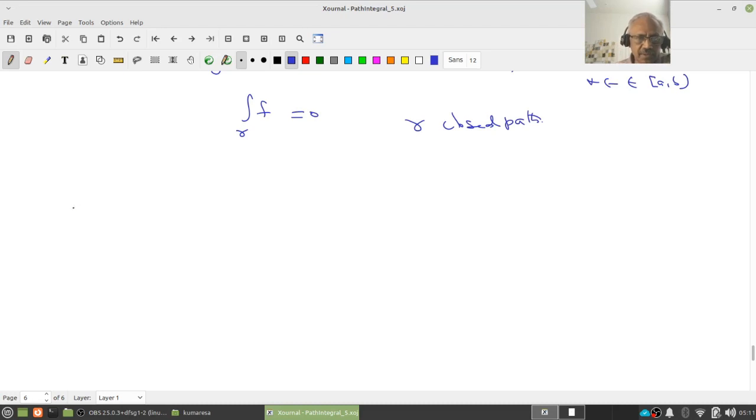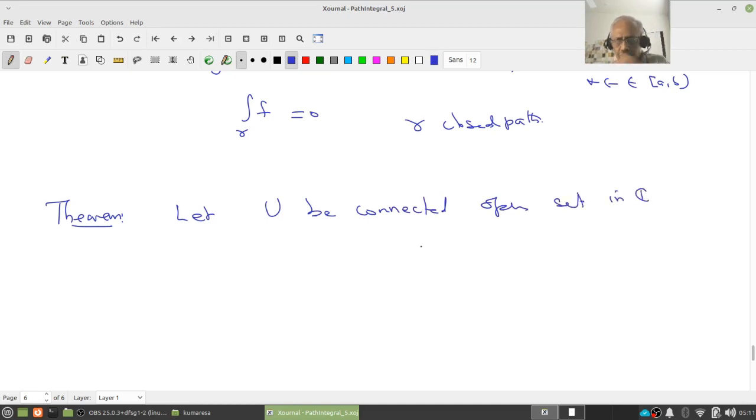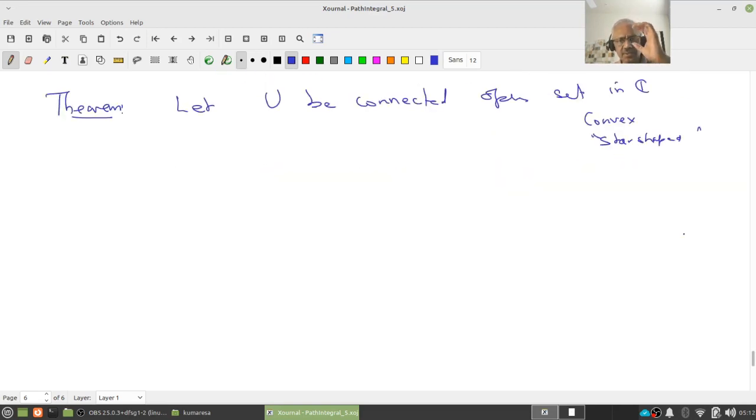So we want to prove the following theorem. Let U be a connected open set, and non-empty of course. If you don't like connected, you can assume it's convex, star shaped, etc. Convex all of you know perhaps, so assume convex if you want, or if you don't like it, assume it's an open disk.